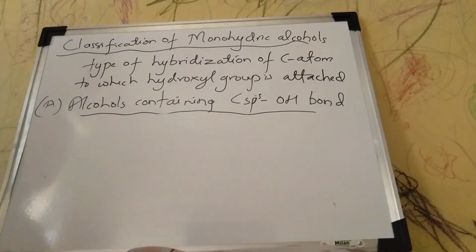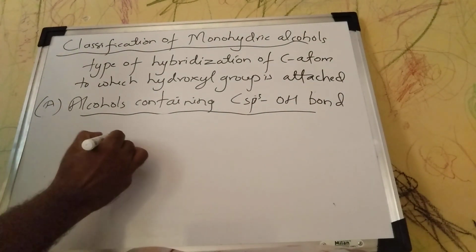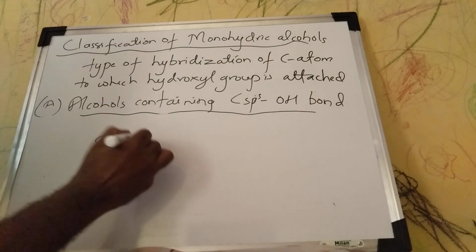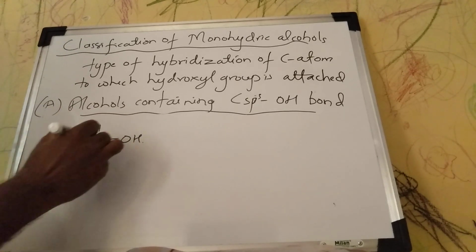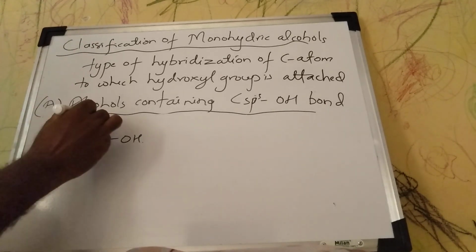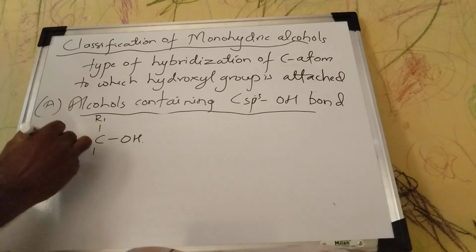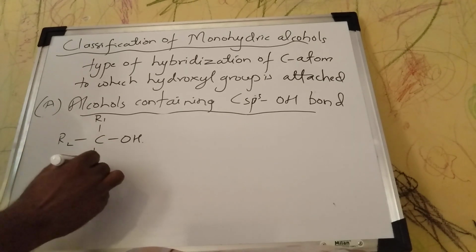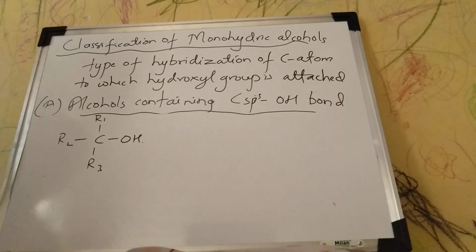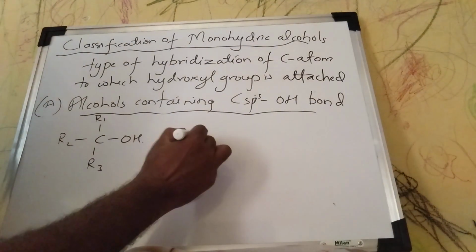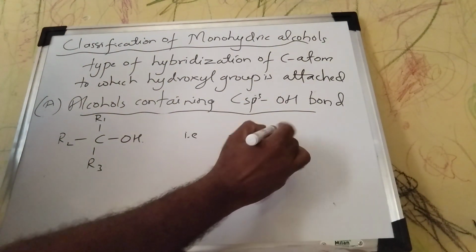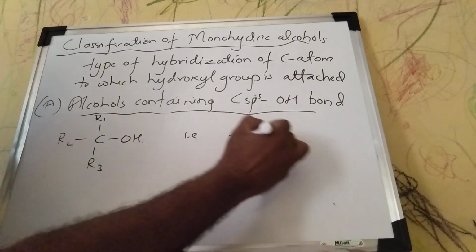Now the third one is tertiary. You have the OH group attached to the carbon, and all the three valencies are attached to three alkyl groups, maybe same or maybe different. So in short, the functional group over here is COH.